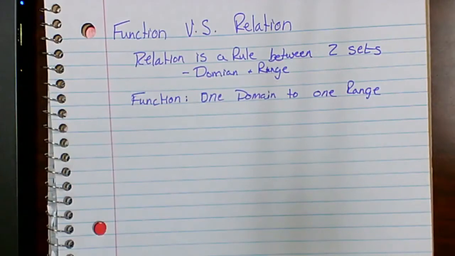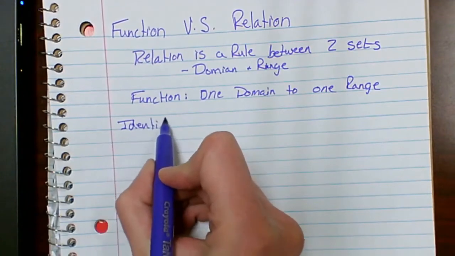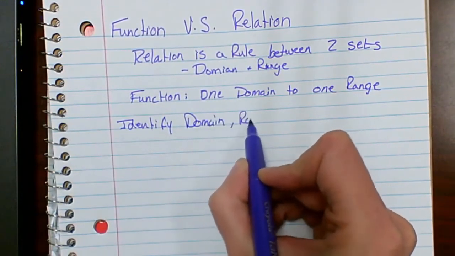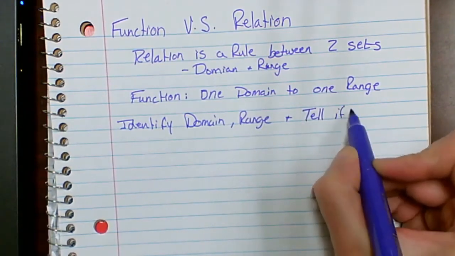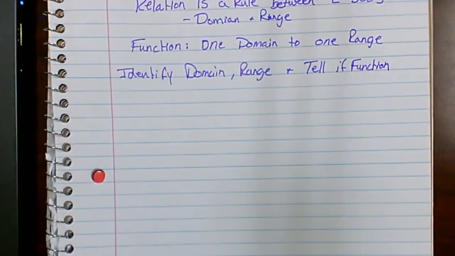So let's identify domain, range, and tell if it's a function. Okay, so there's many ways you can display a relation.